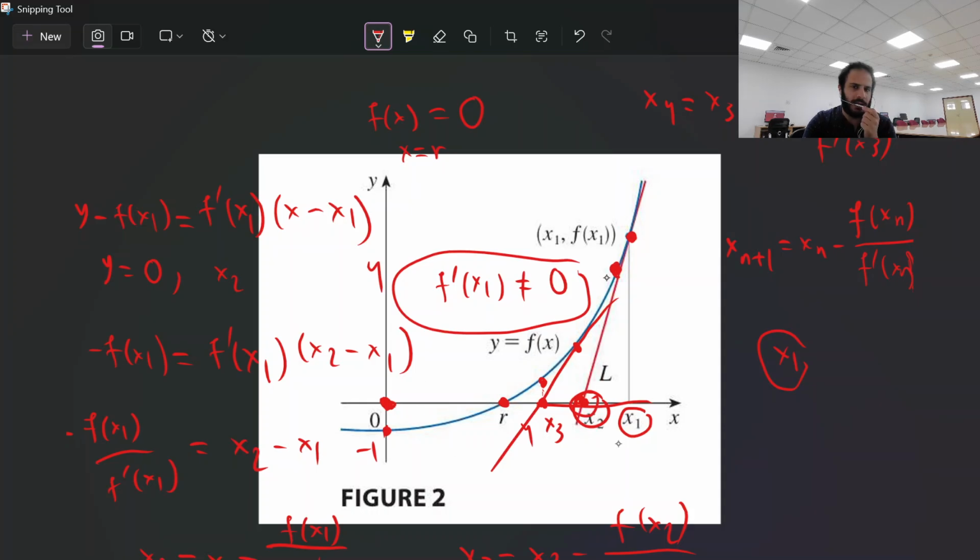For example, 4 is here, and here say it's 5. So we know that the solution r will be between these values. Don't worry about this now. I will explain it when we solve the example. But the idea is that we will use the intermediate value theorem.